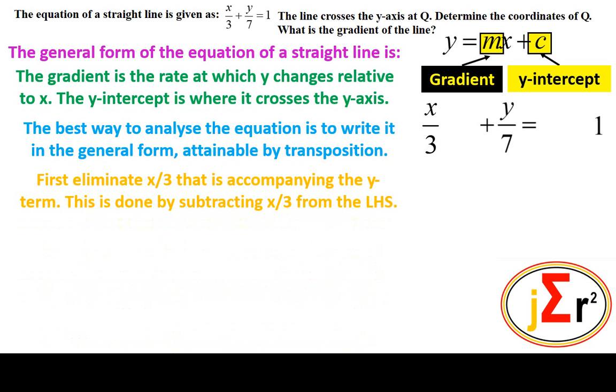First, eliminate x over 3 that is accompanying the y term, on the left hand side. Notice that we have on this left hand side y over 7. Also we have x over 3 on that same left hand side. What we want is, as you see here, y all by itself on the left hand side and everything else on the right hand side.